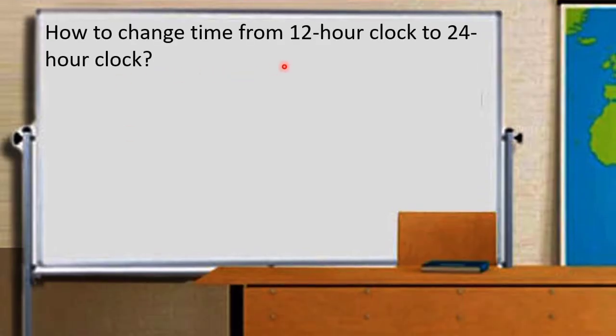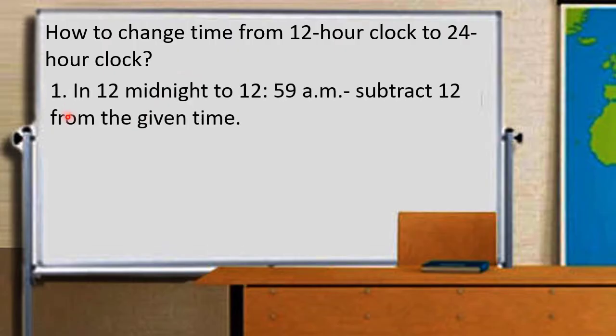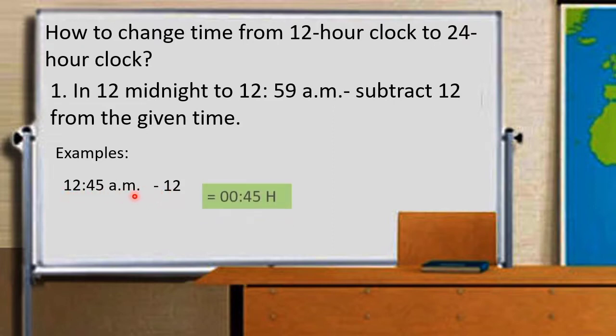How to change time from 12-hour clock to 24-hour clock? Number 1, in 12 midnight to 12:59 AM, you subtract 12 from the given time. Examples: we have 12:45 AM, so you subtract 12 from 12:45 AM, the answer is 00:45 hours.